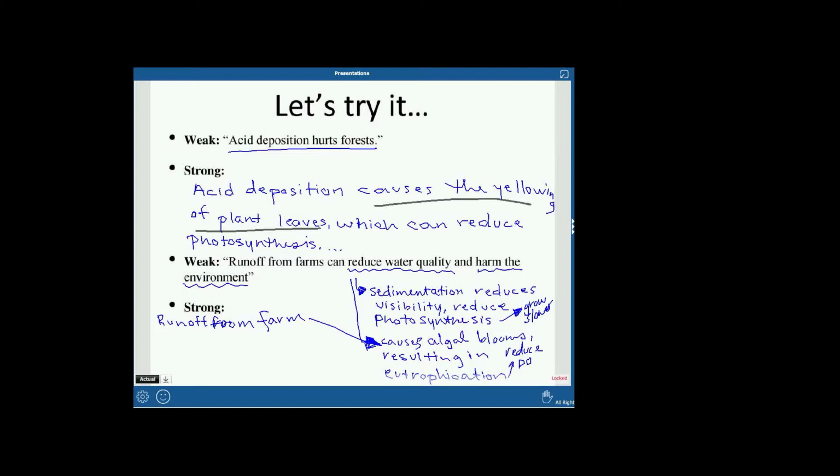Where the first one, runoff from farms can reduce water quality and harm the environment, immediately an AP grader is going to go, how? And you're going to lose your points. If there's a way for an AP grader to say how, then you're probably going to lose points, because that's the first thing they say. So that's really good, Savannah.